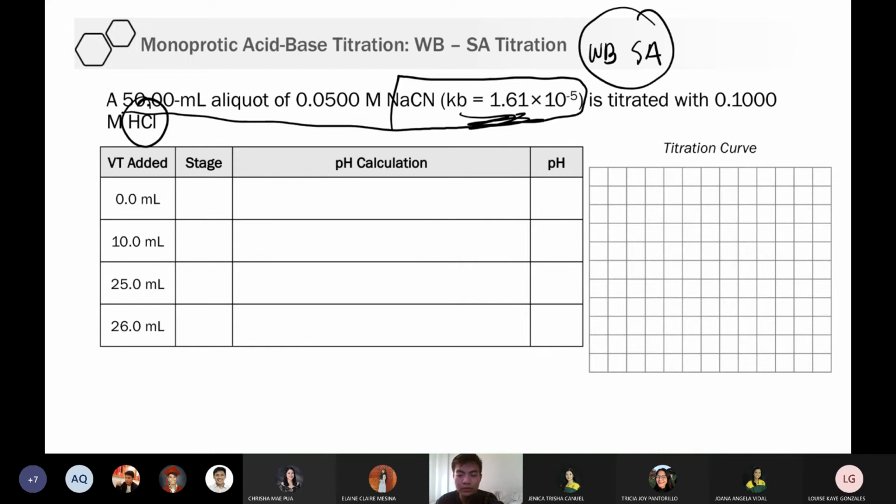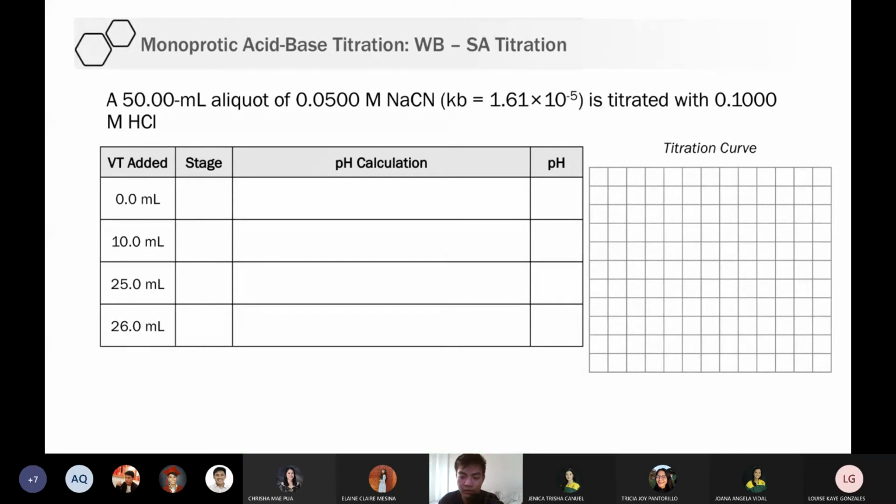So the equations to be used are yung nasa WBSA. Kasi again, 16 equations meron tayo: SASB, SBSA, WASB, WBSA. Sa 16 equations na yon, reduce that into 4 na magagamit mo. So it is important for you to identify what type of acid you have.